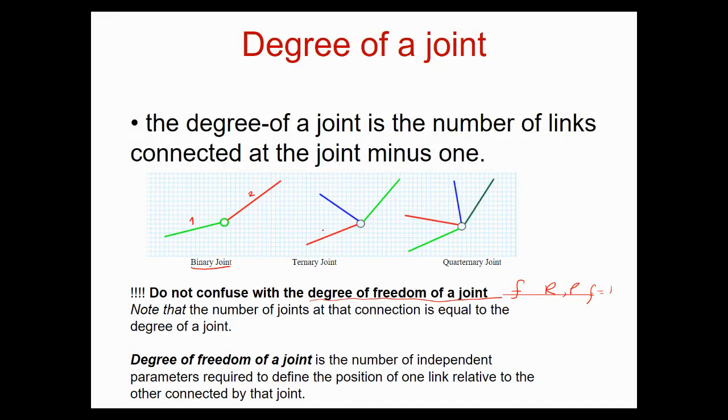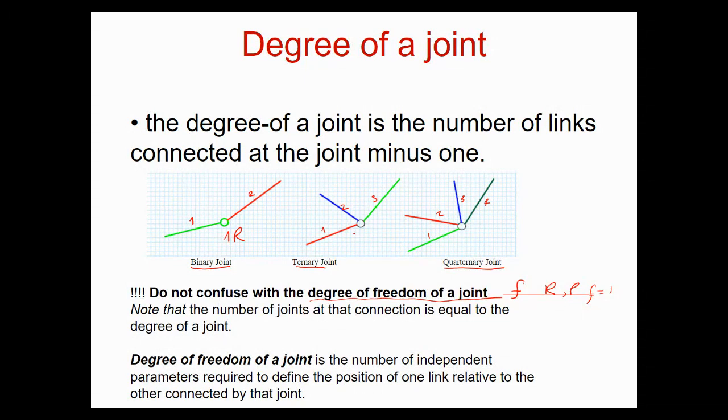If you have 3 links connected to it, you have a ternary joint. If you have 4 links connected to the same joint, you have a quaternary joint. This is not too important, but it shouldn't be confused with the number of the degree of freedom of the joints. Here you have only 1 revolute joint.